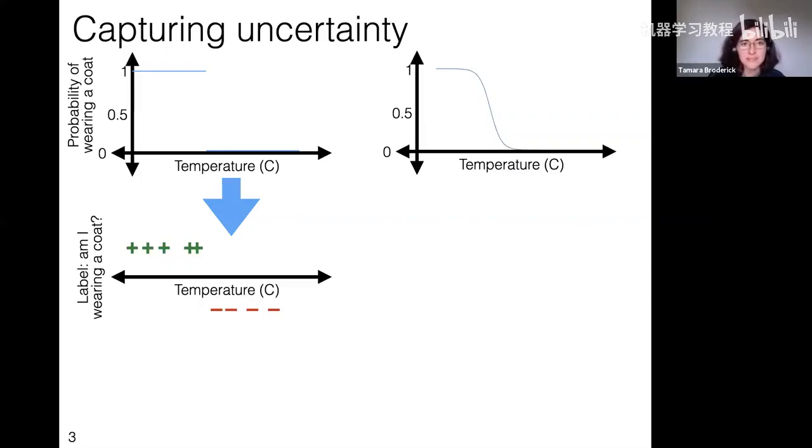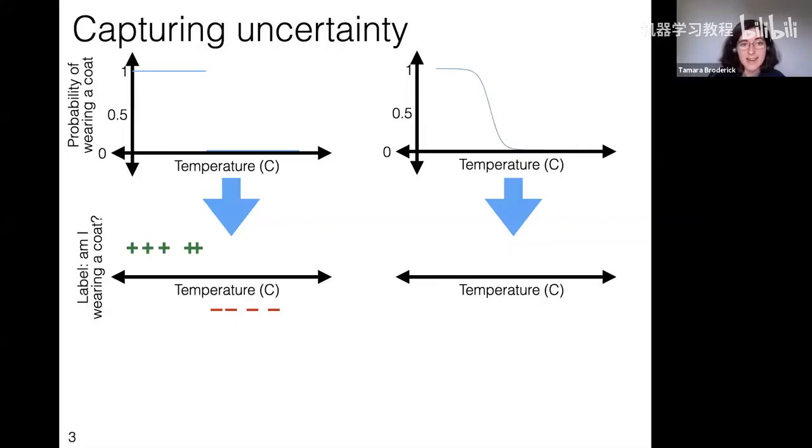And that changes very smoothly across the temperatures, that as the temperature increases, my probability of wearing a coat goes down until eventually, it gets to be super hot and I'm definitely not wearing a coat. Now, if we had this as the model of me wearing a coat, and I were to follow this exactly, and generate whether I wear a coat based on these probabilities, I'm going to get something a little different.